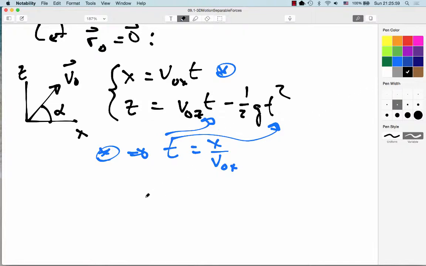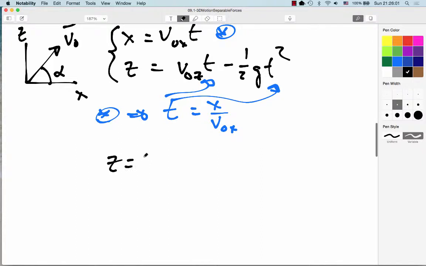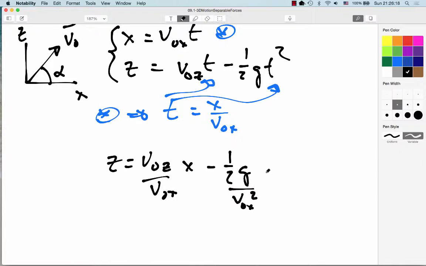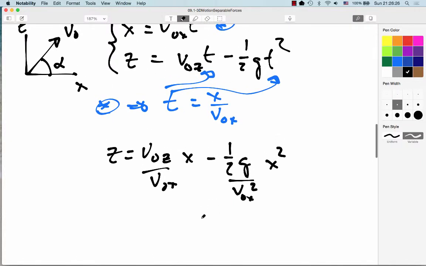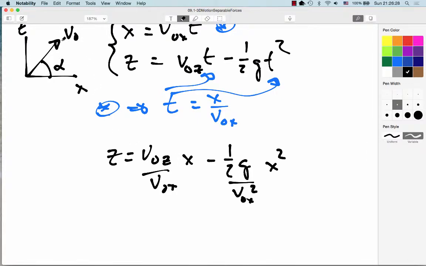So when we do, we get z equals v naught z over v naught x times x minus 1/2 g over v naught x squared, x squared. That's looking awful parabola-y. And while we're at it, we can observe that v naught z here would be equal to v naught sine alpha.